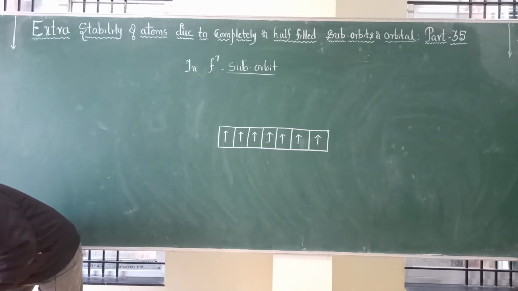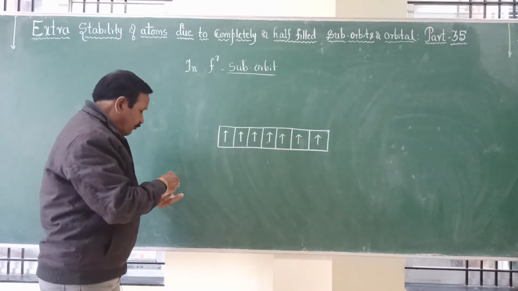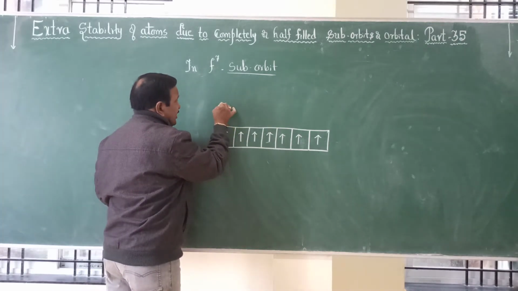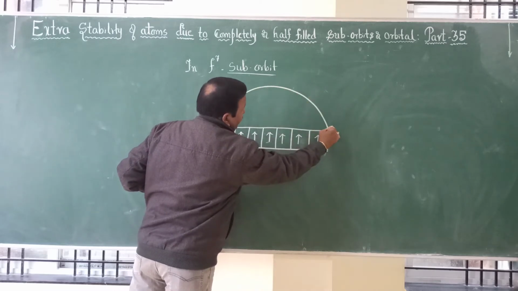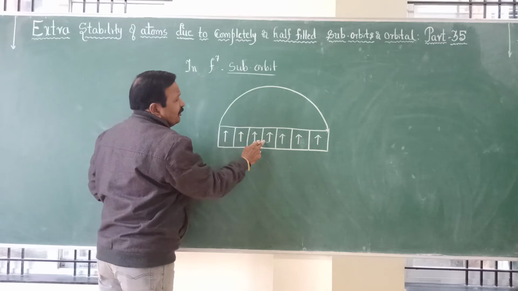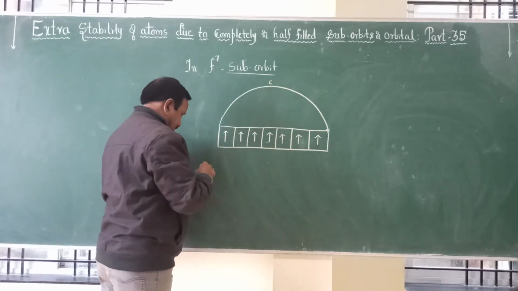For the first electron, how many positions can it exchange? It can exchange 1, 2, 3, 4, 5, 6 positions.